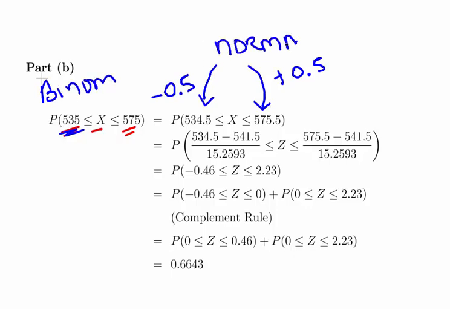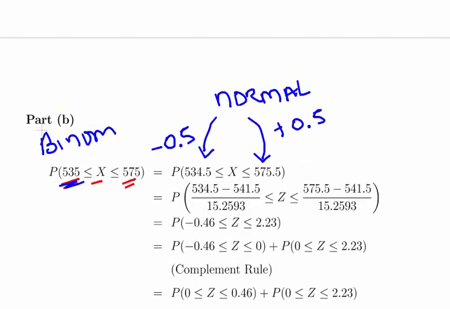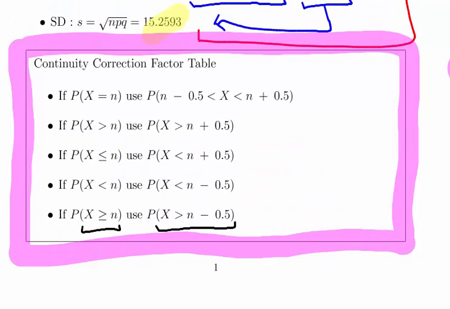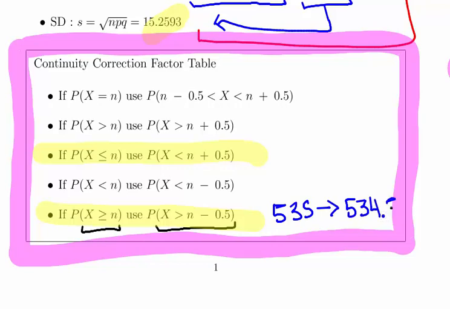Let's scroll up just to double check that. I've tidied that up a little bit. We're using that one in one instance and that one in the other instance. In the second instance, the 535 one becomes 534.5.